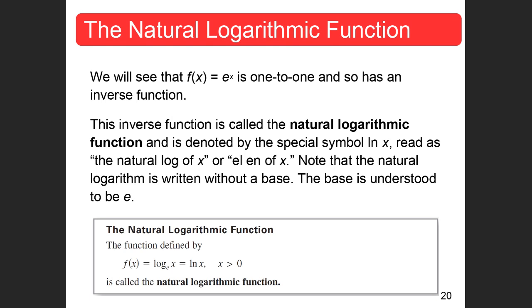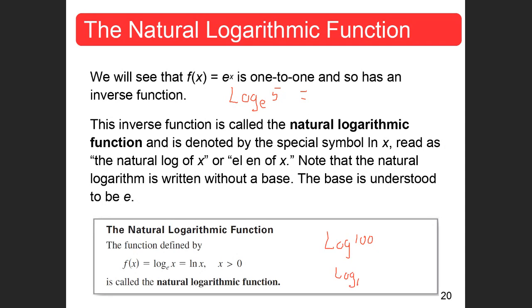Natural logarithm. If you ever see a base e, so if I gave you log base e of 5, and if you don't have a base, let's say I gave you log of 100, if it doesn't give you a base, we assume it to be 10.